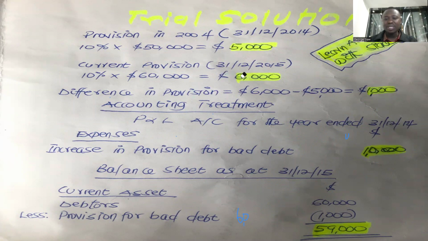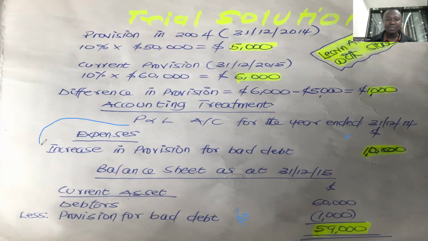Then now we made a current year provision of 6,000. And then the difference in provision will be taken to the P&L. The accounting treatment is that the difference is what goes to the P&L as an expense.